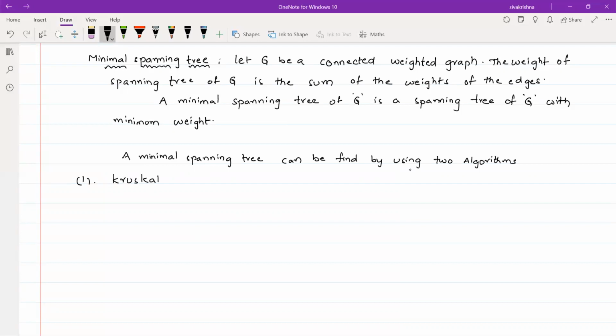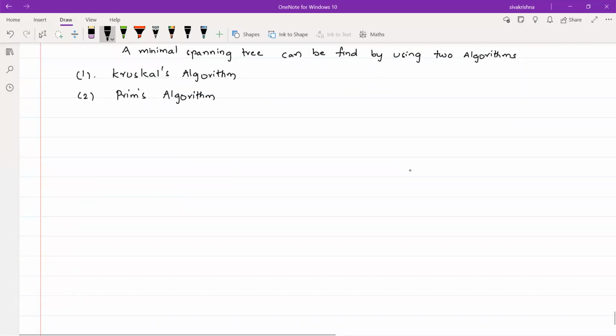One is Kruskal's algorithm and the second one is Prim's algorithm. So these two are very, very important for finding the minimal spanning trees. Now I am going to discuss the first one, that is Kruskal's algorithm.